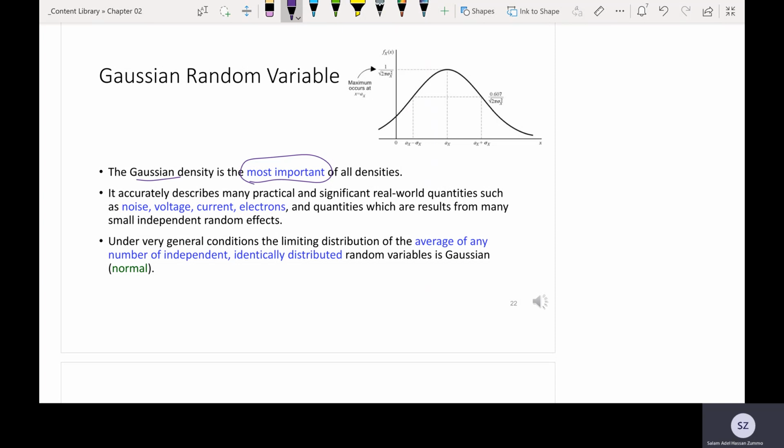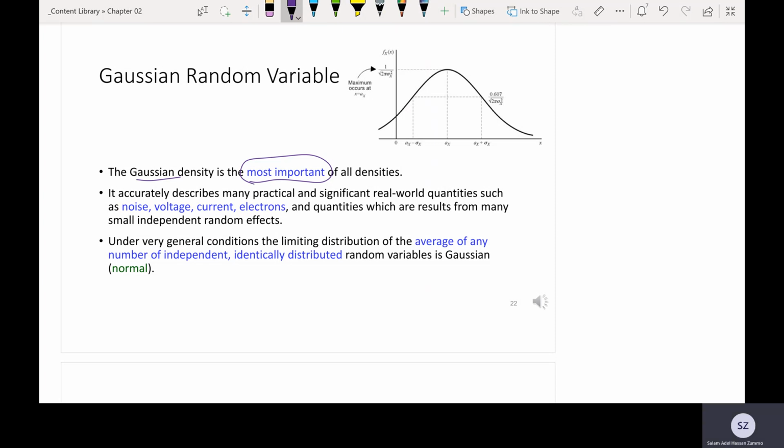First of all, it describes many physical phenomena. For example, in a large sample of students, the distribution will most likely be Gaussian, focused around the mean. As you go away from the mean, the volume becomes smaller.